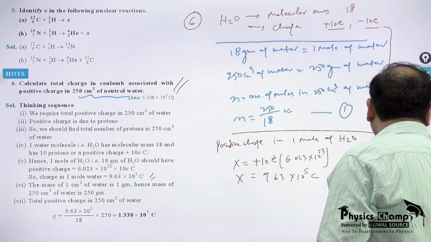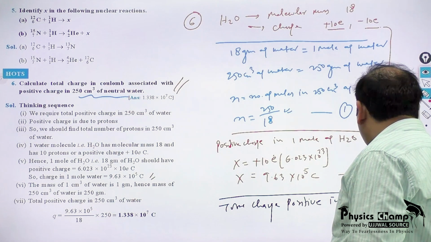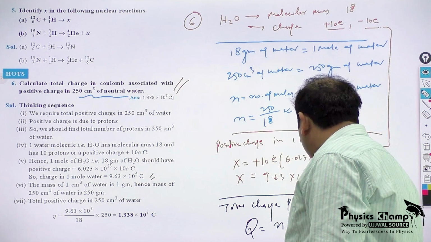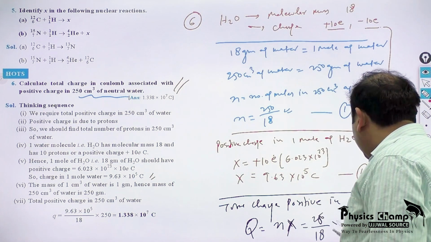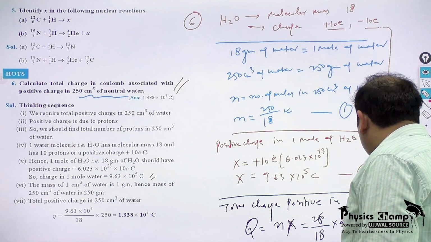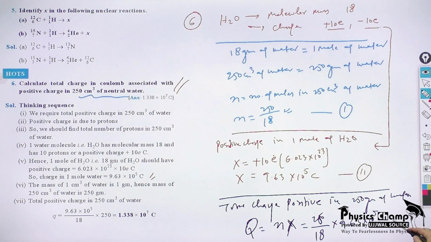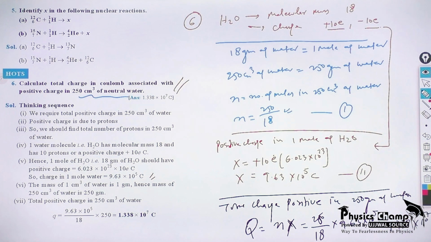If I now calculate the total positive charge in 250 gram of water, it is the number of moles into X. The number of moles is 250 divided by 18, and here it is 9.63 into 10 to the power 5. So we have a total charge of 1.338 into 10 to the power 7 coulomb, and it is a full integer value, so this charge is possible.